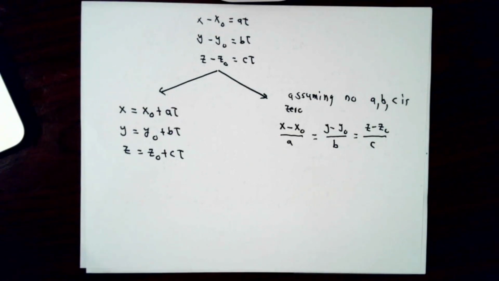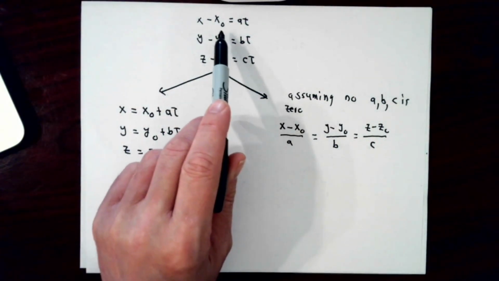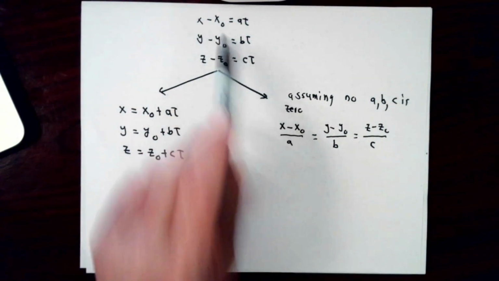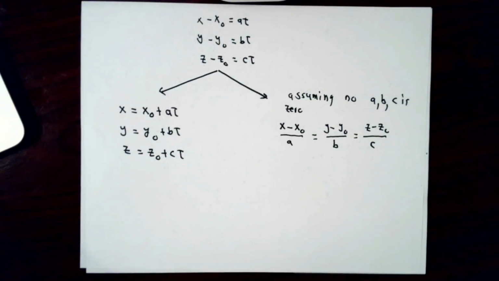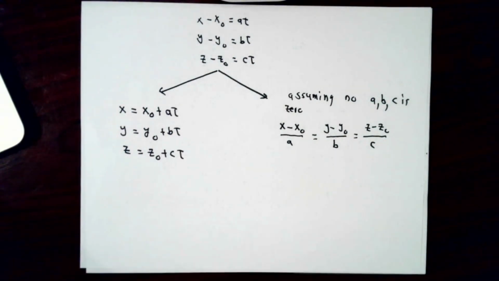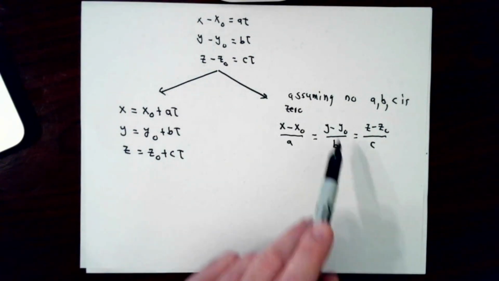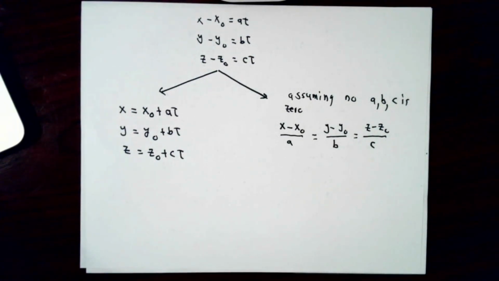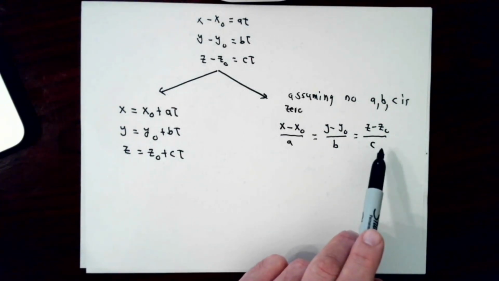The second form, assuming that none of the numbers a, b, and c are 0, I could solve that equation and find out that t is the same number as x minus x0 divided by a. But looking at that equation, I'd find out that t is also y minus y0 divided by b, and doing likewise for the third equation, t is also z minus z0 over c.